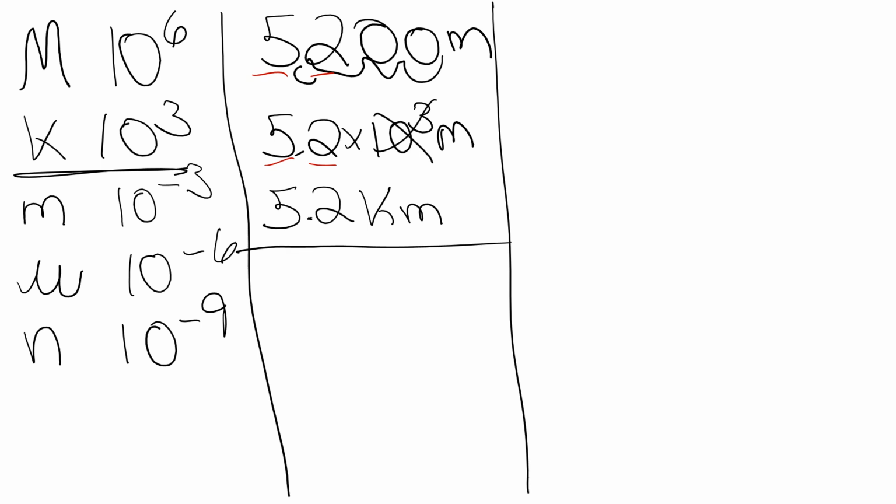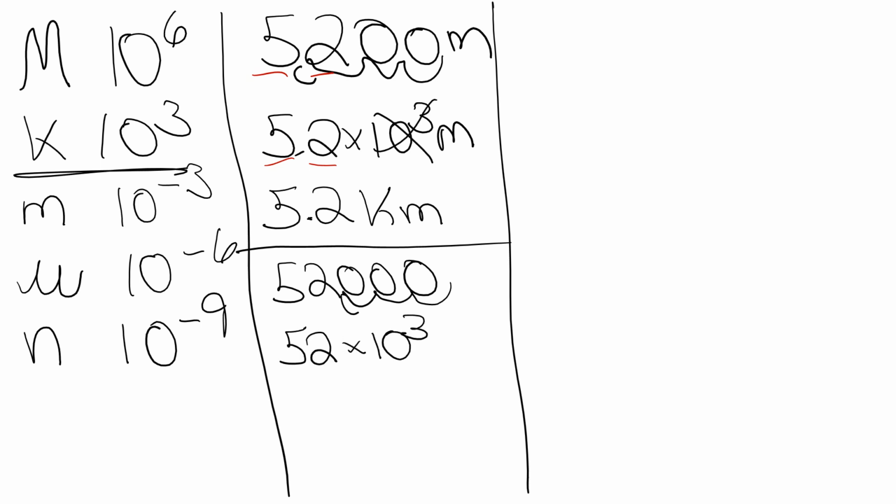If we added another 0, 1, 2, 3, again, we have two significant figures. We can move that over: 52 times 10 to the third, if this is meters. And now we have 52 kilometers.